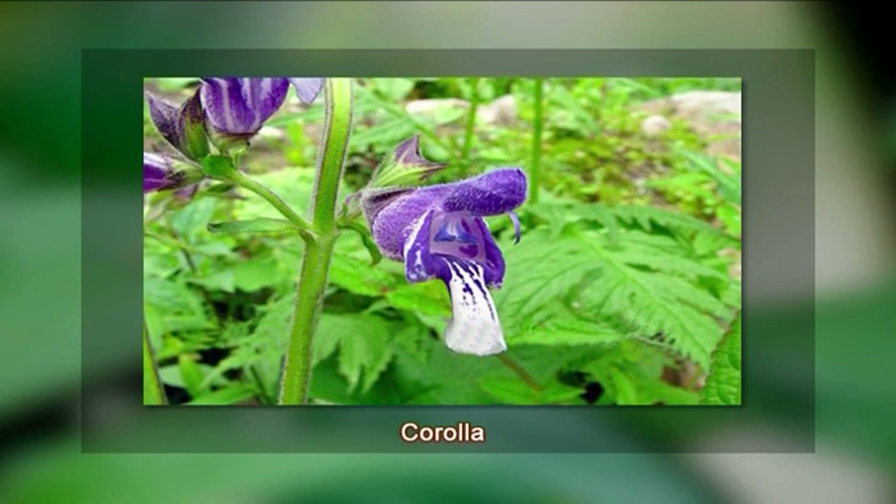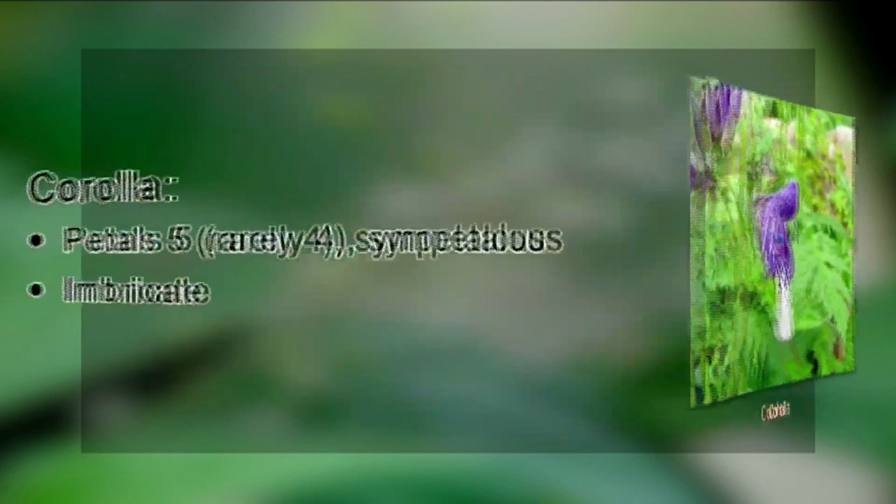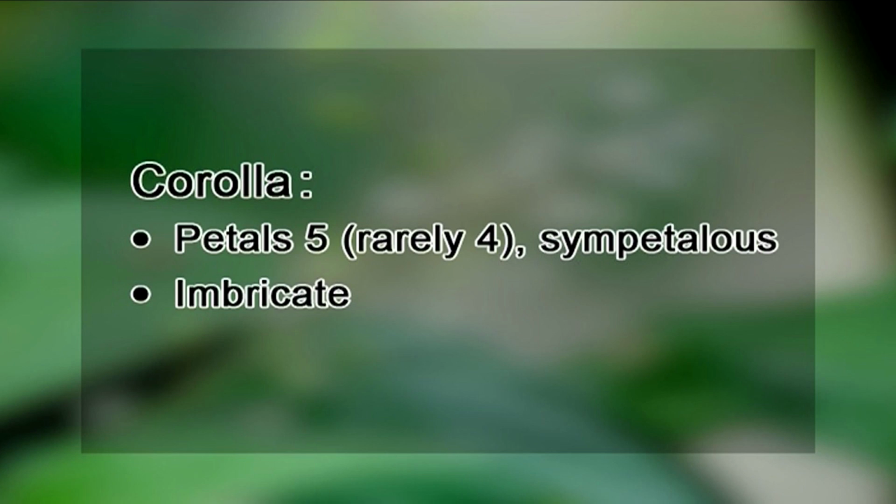Corolla comprises 5 petals, but rarely there are some taxa where we have only 4 petals. They are again fused, that's why called sympetalous. The aestivation of corolla is imbricate. Again, the corolla is usually bilabiate, and the arrangement of these 2 lips also differs between different plant species.